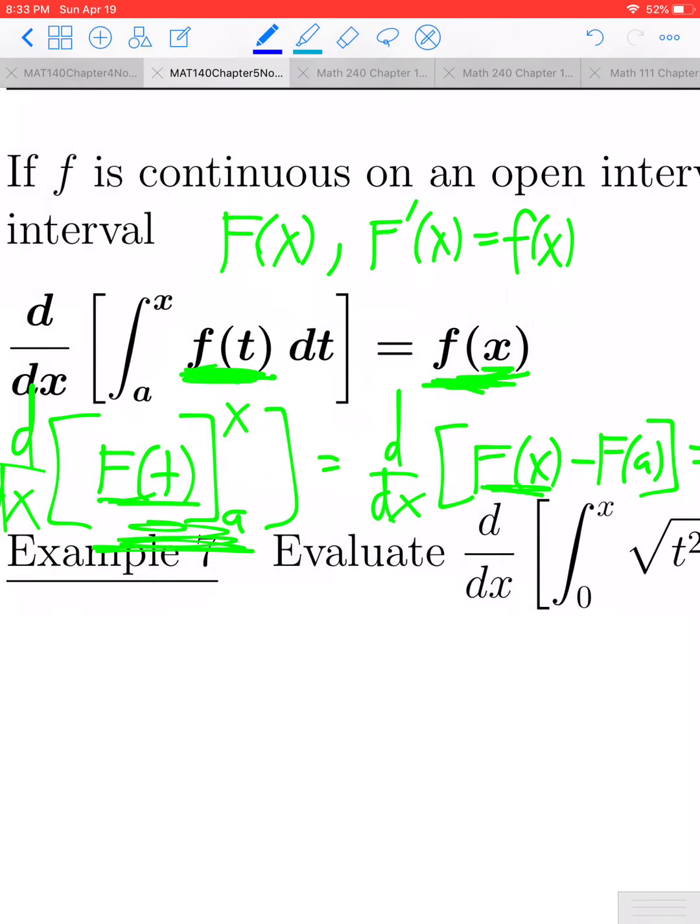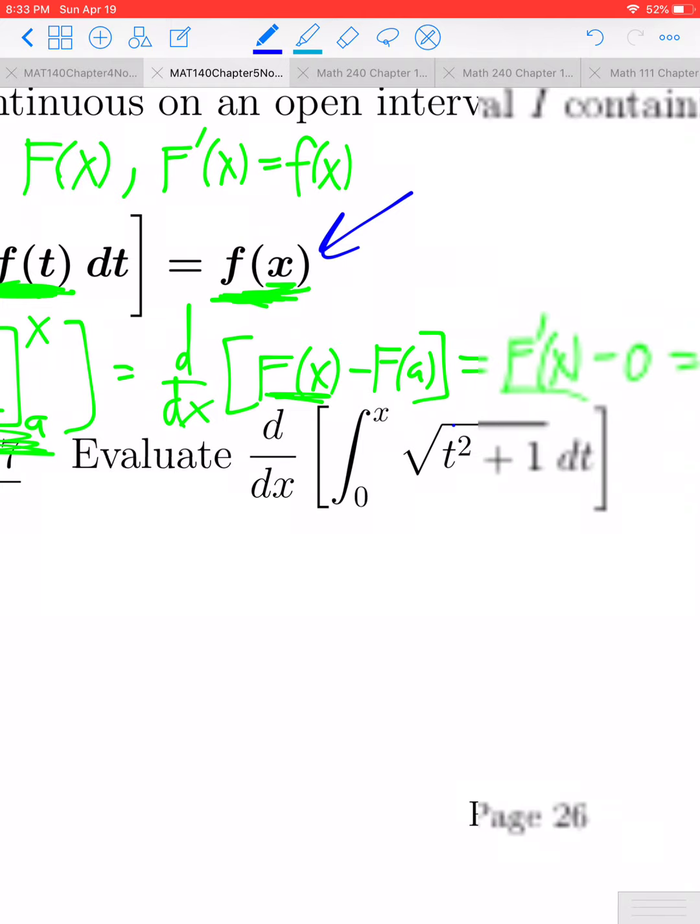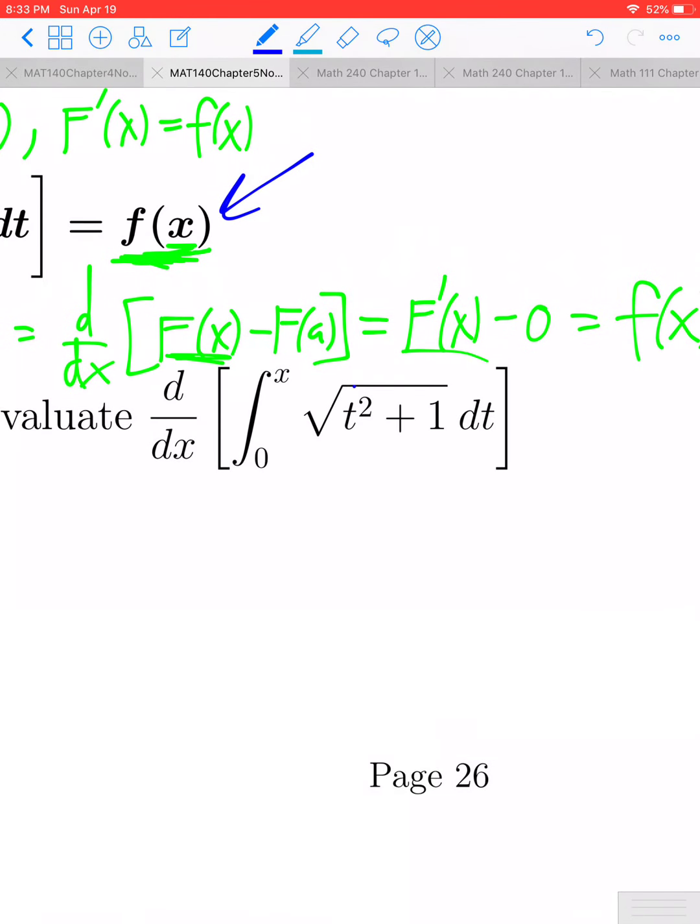Generally speaking, when you apply the second fundamental theorem of calculus, you wouldn't have to show all of this in-between work. You could just go right to the final result. For example, if we wanted to evaluate the derivative with respect to x of the integral from 0 to x of the square root of t squared plus 1 dt, again, we're taking the derivative of a definite integral.